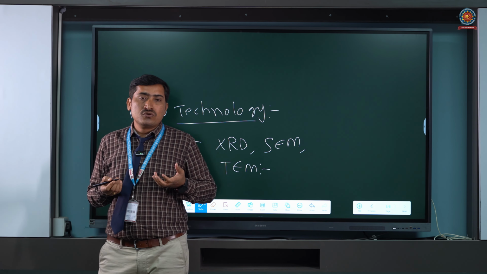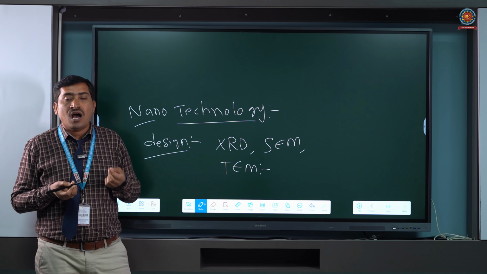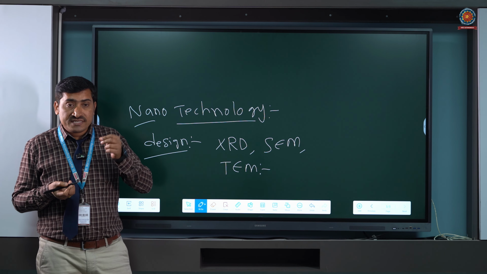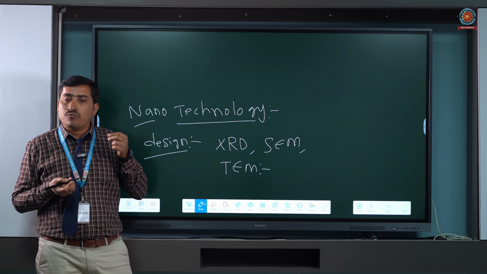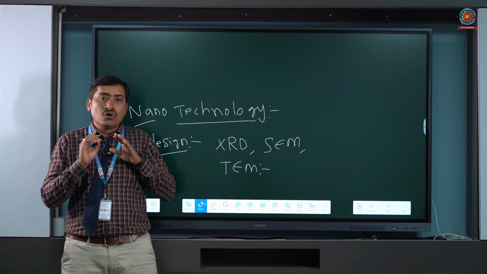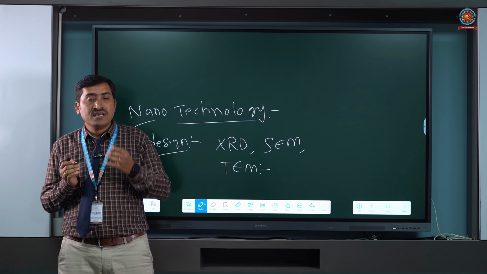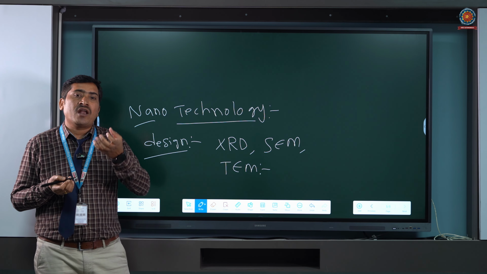It gives a very accurate particle size of our material. A particle in the range of 1 to 100 nanometers belongs to nanomaterials; more than 100 nanometers is not a nanoparticle.